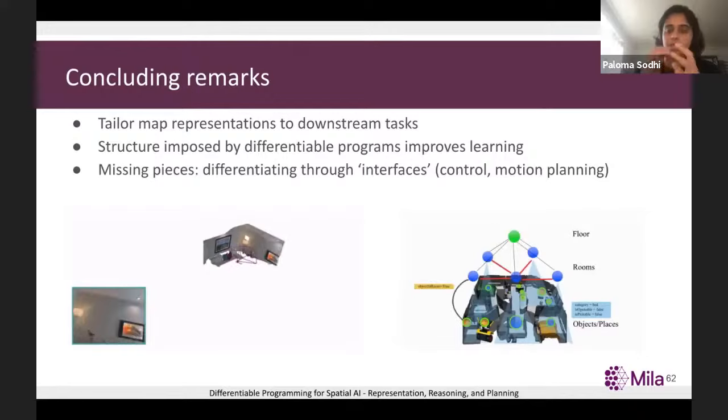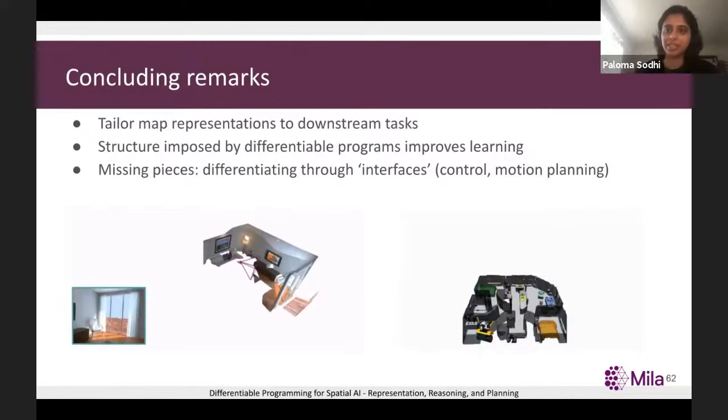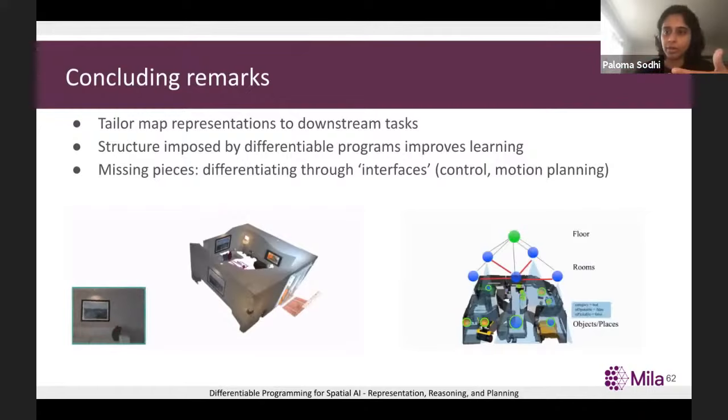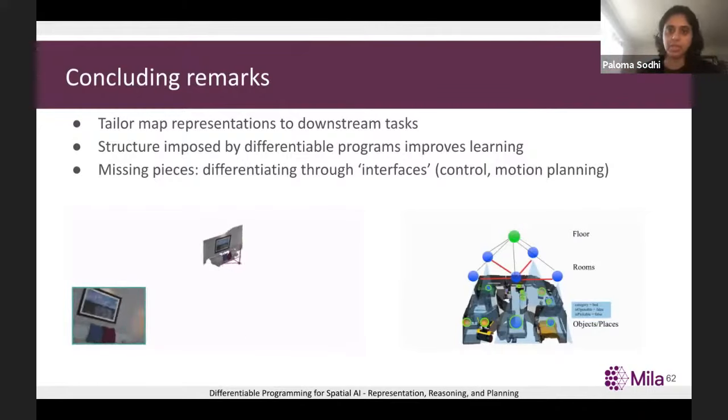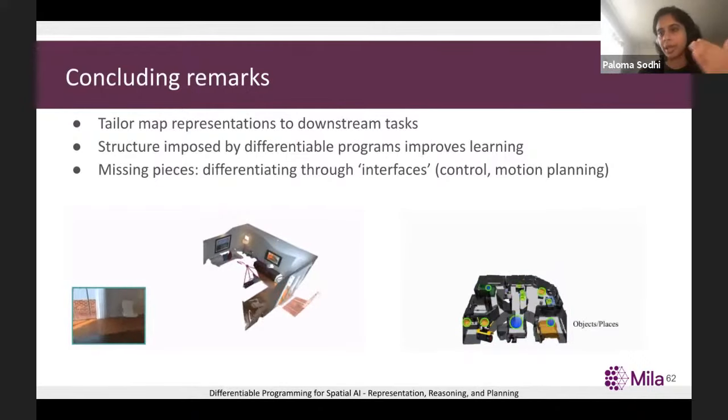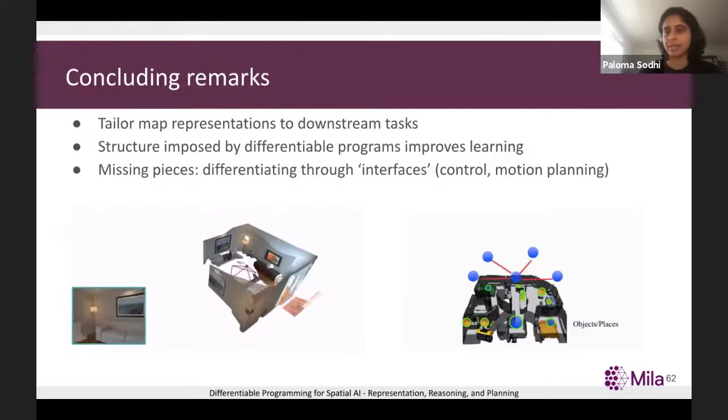I'm curious to know what you see as the bottleneck in achieving this sort of a vision. Is it the fact that we do not have differentiable libraries, or is it that the underlying optimization algorithms that we use are not differentiable? So should we be coming at it from the algorithmic side or from building better libraries? Just your general thoughts there.